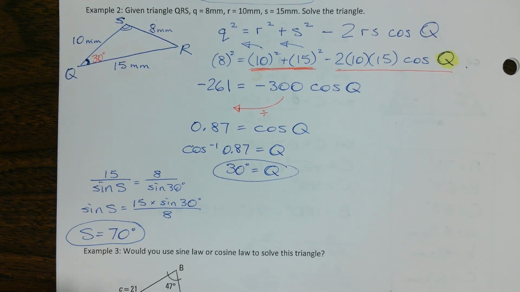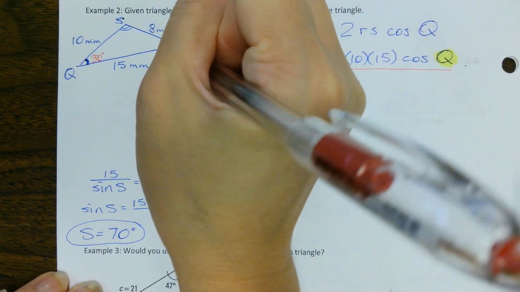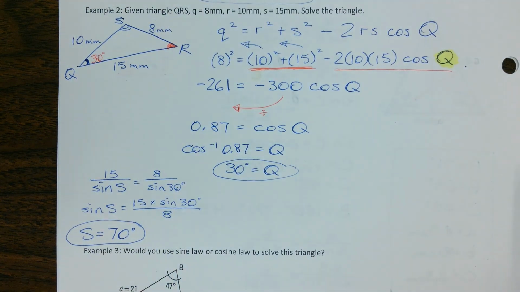And then what's the easiest way to solve for angle R? Who says do sine law? Who says do cosine law? Who says do an easy grade 5 method? Okay, and just for Aryan, who says I can do any of the three?